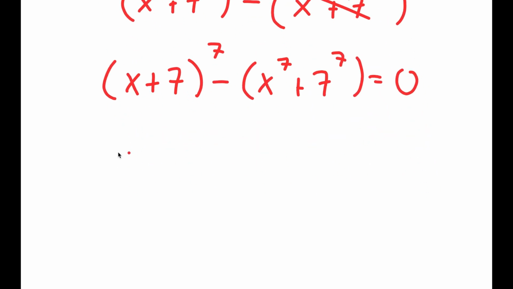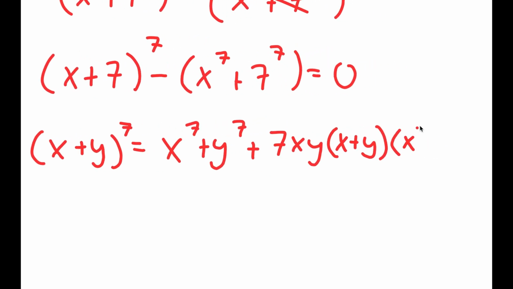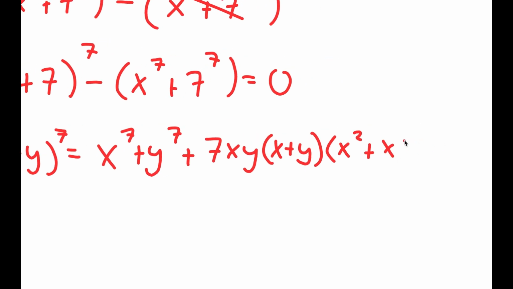Now, if I have something in the form (x + y)^7, this is equal to x^7 + y^7. So we start with this number to the power of 7 plus this number to the power of 7. But then we also have to add 7xy times (x + y) times (x^2 + xy + y^2)^2.